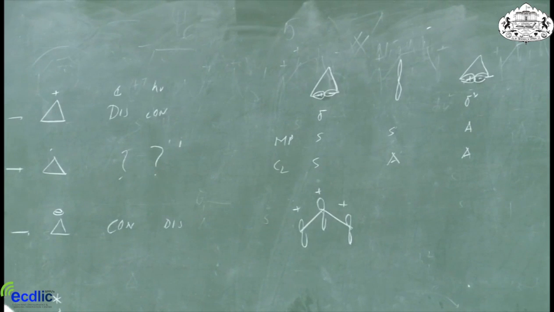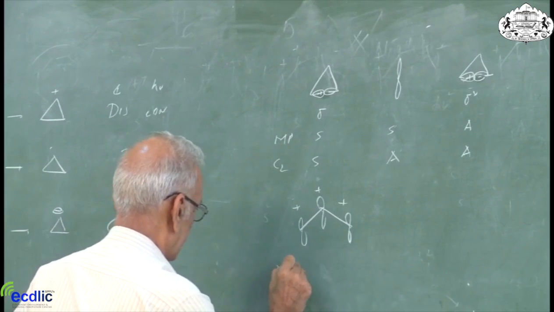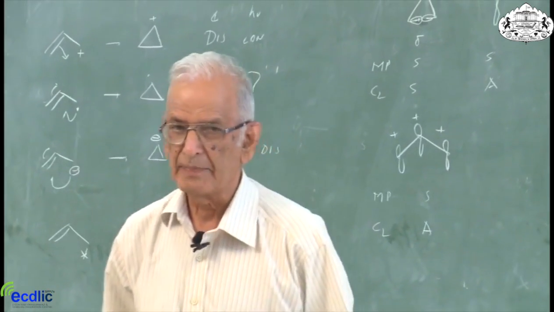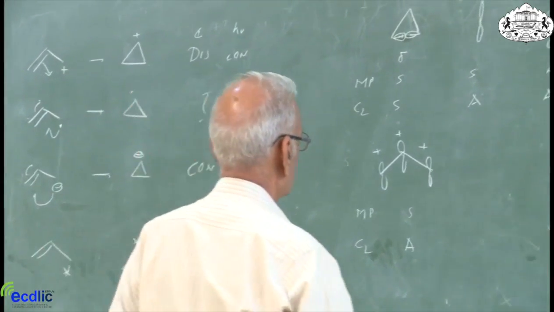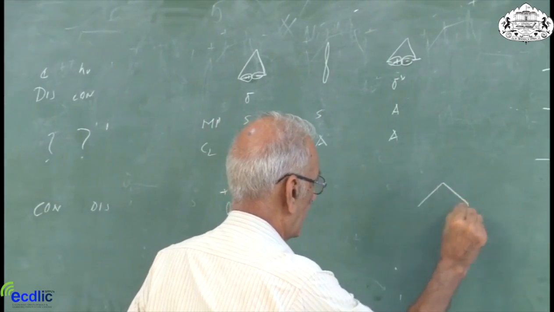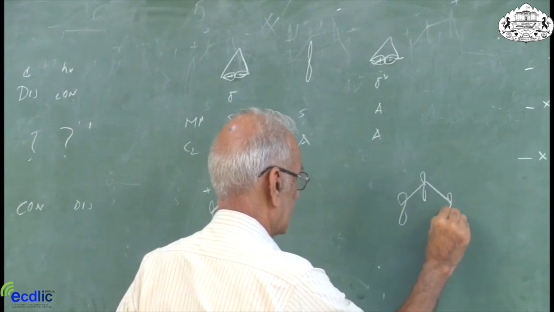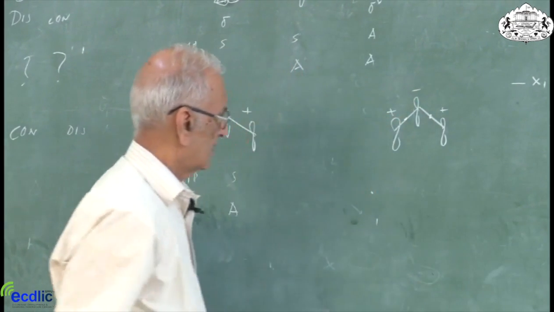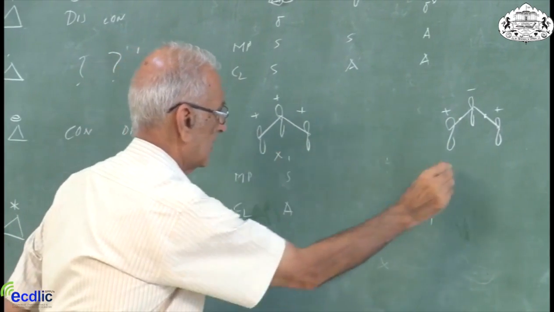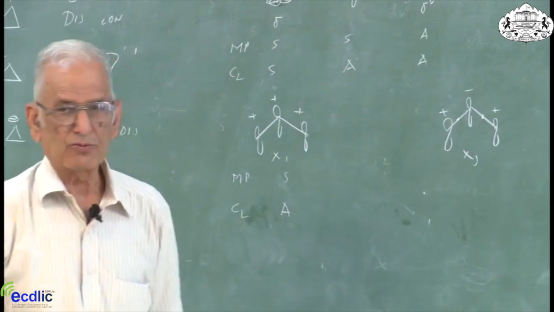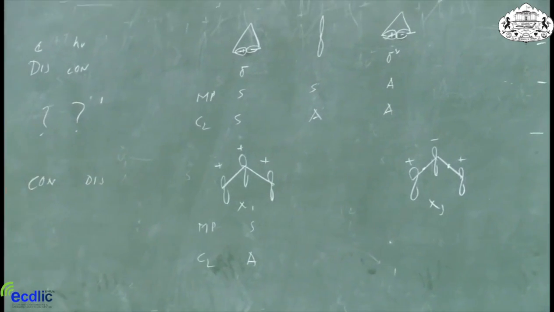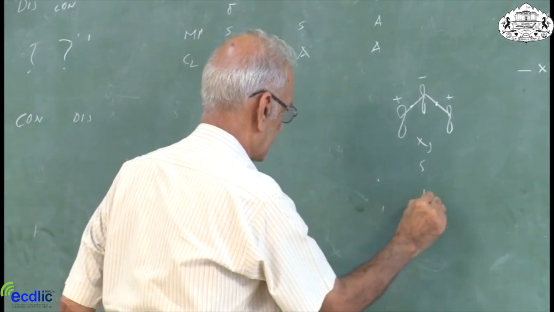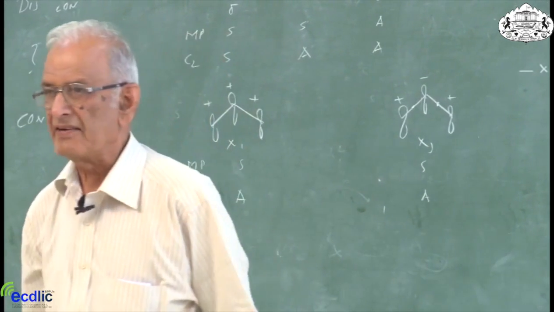Therefore, mirror plane symmetric, C2 anti-symmetric. Your third orbital is also very easy, plus, minus, plus. It has 2 nodes, and once again mirror plane is symmetric, C2 is anti-symmetric.